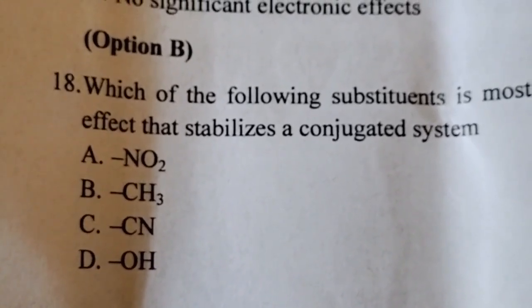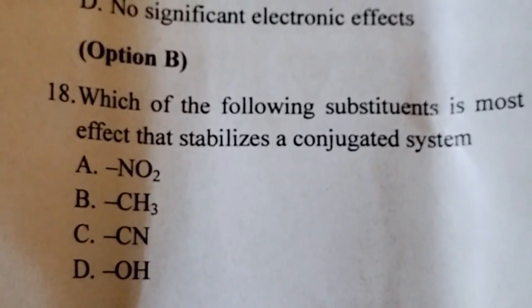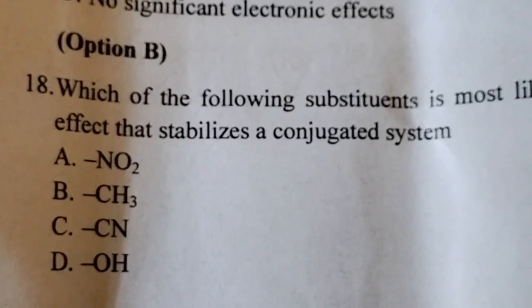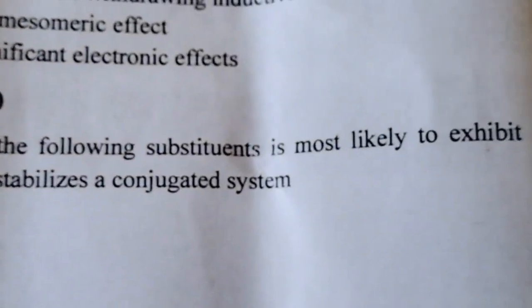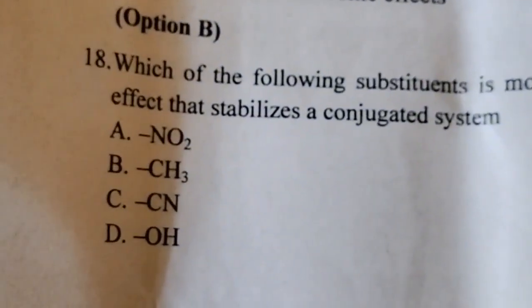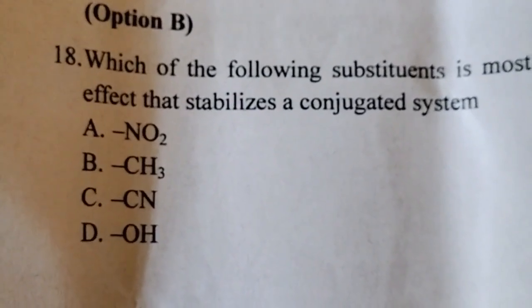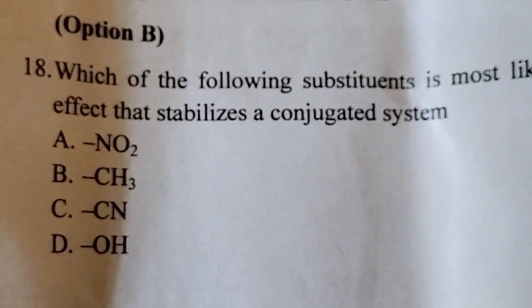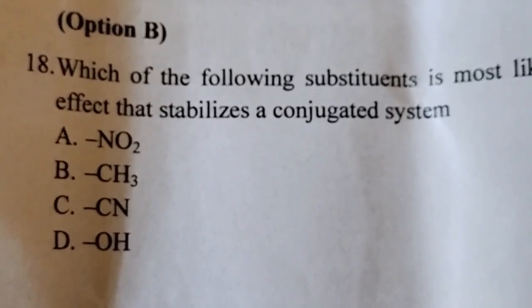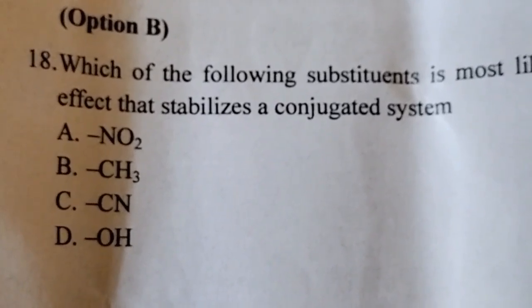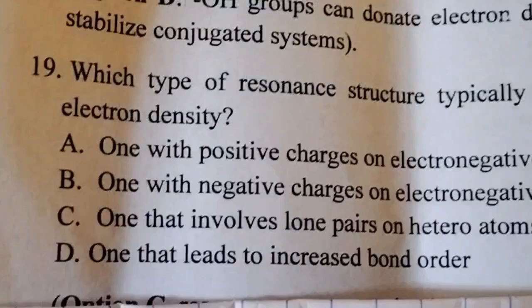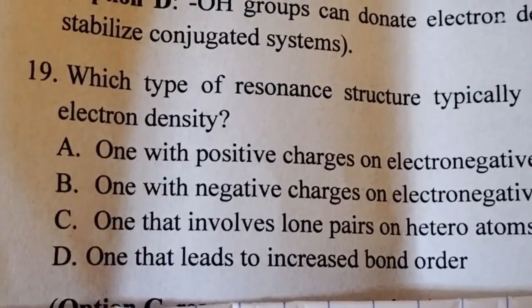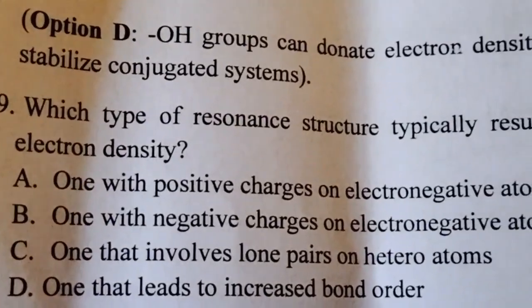Option A, nitro; B, methyl; C, cyano; and D, hydroxy group. The one that will donate electrons is the one that is rich in electrons. So the right answer is D, giving out electrons to the adjacent carbon atom.